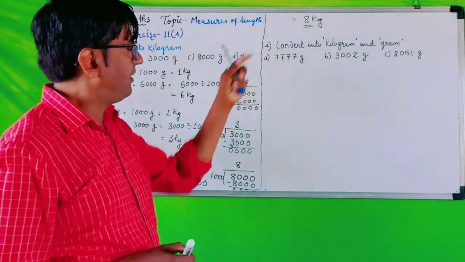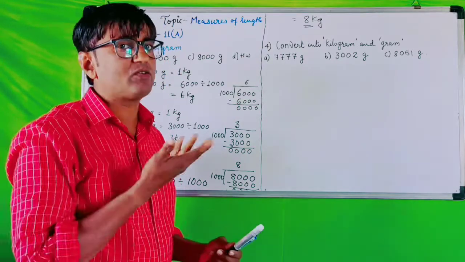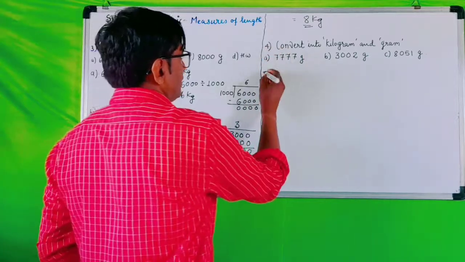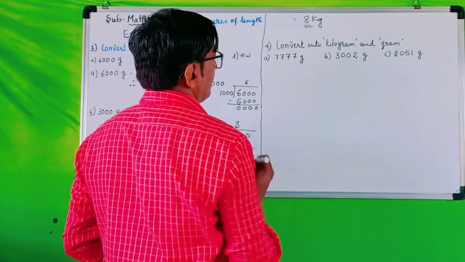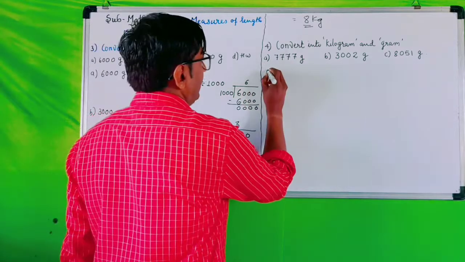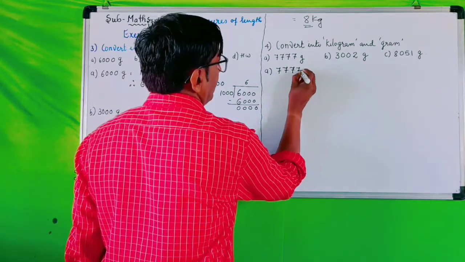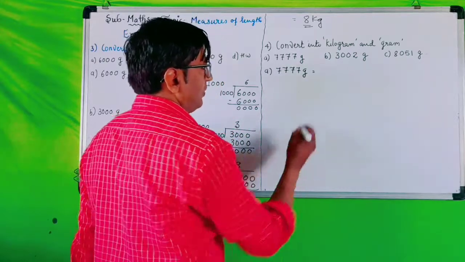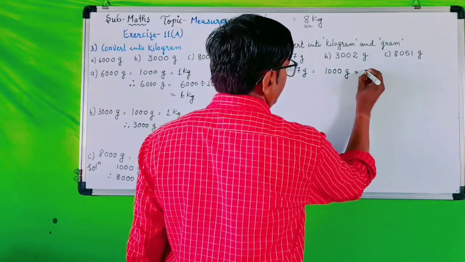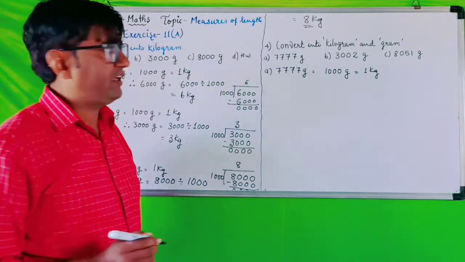Okay. Now the fourth one: convert into kilogram and gram. We have solved examples also, we understood also. So here the first one, 7,777 gram. First of all, I will write here 1,000 gram equals 1 kg.